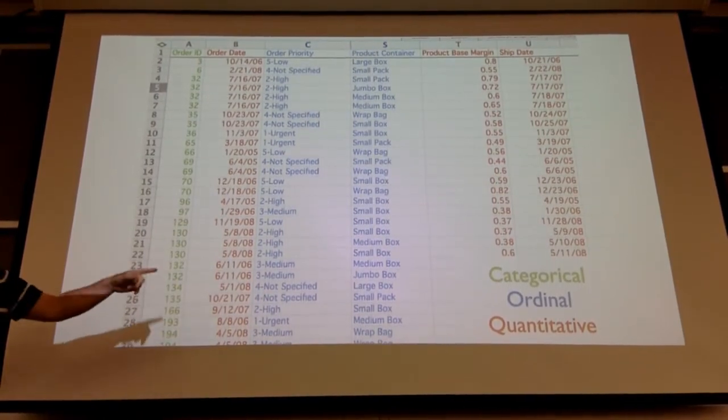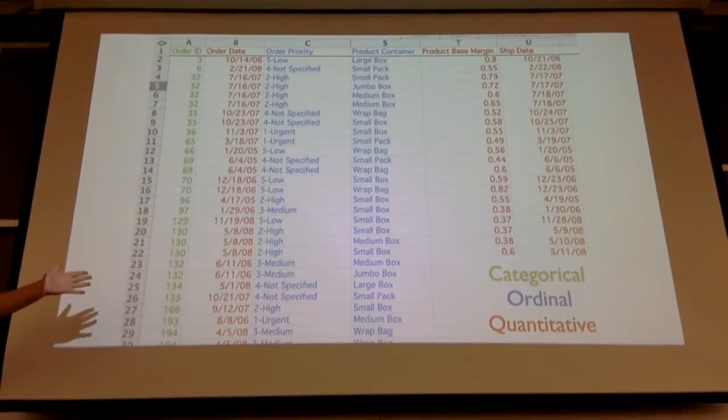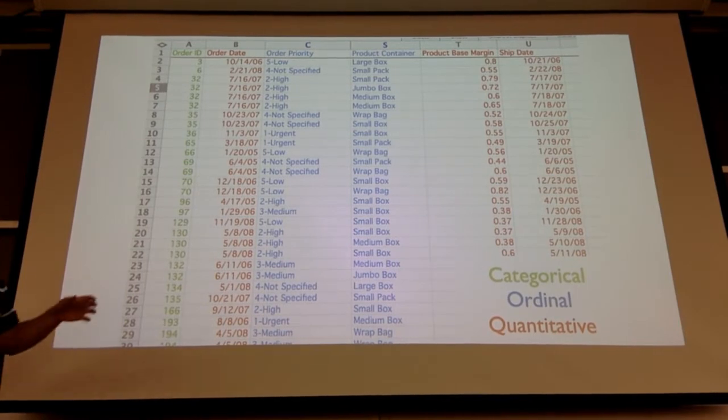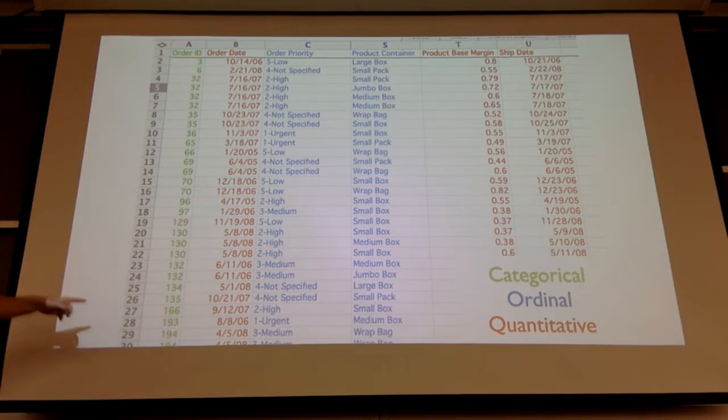So it's quantitative. We had the order date, and we talked about time, especially date, being more interval. And then we had ordinal. We identified that correctly, categorical in the first one, and then numerical for ship date or ratio for ship date and product base margin. Okay.